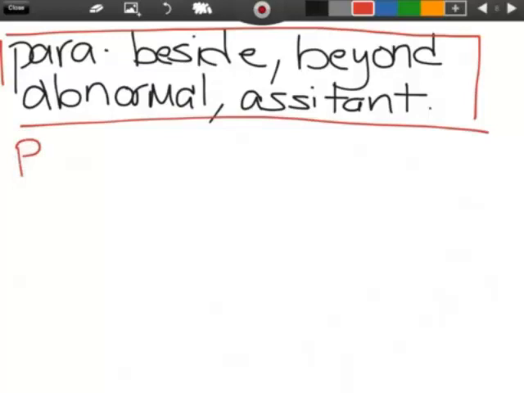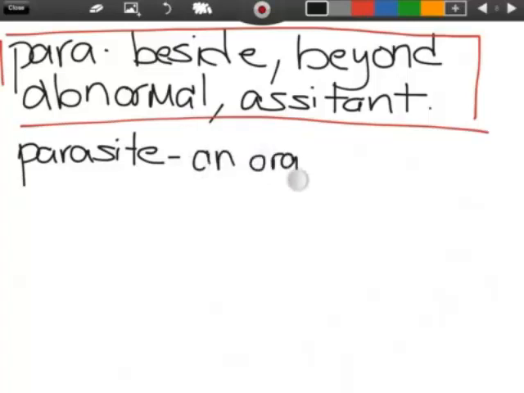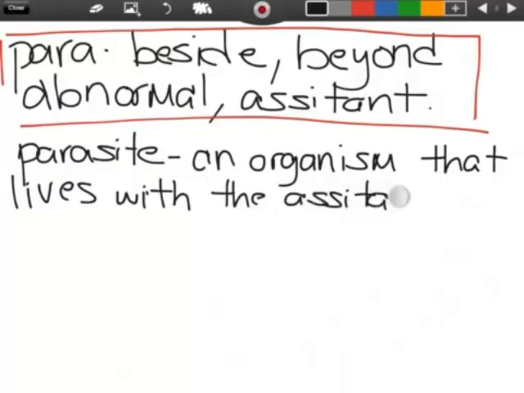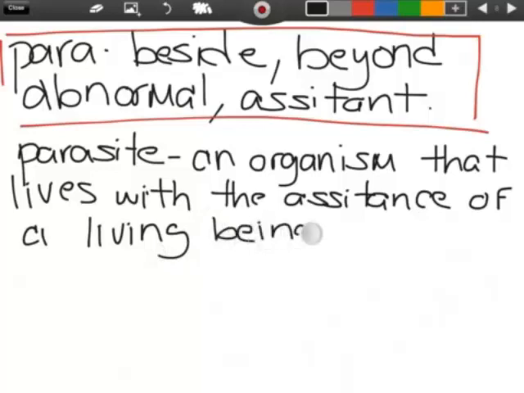Parasite. And parasite means an organism that lives with the assistance of a living being.